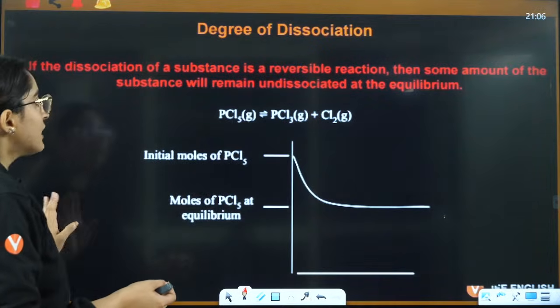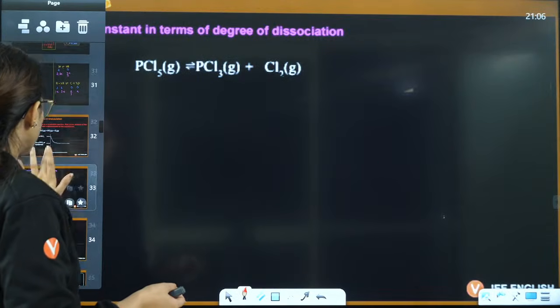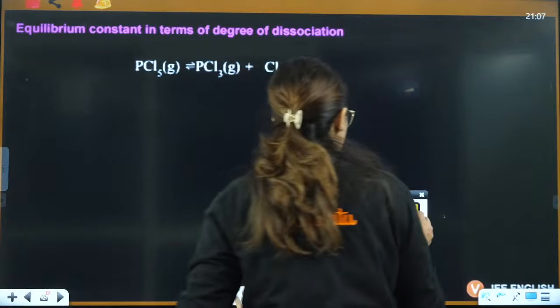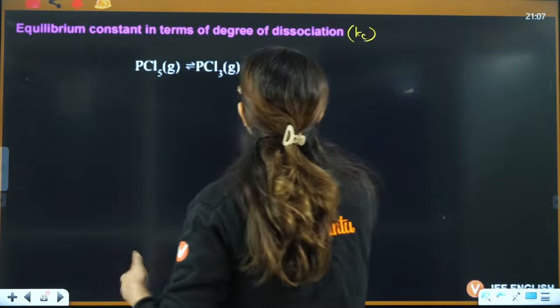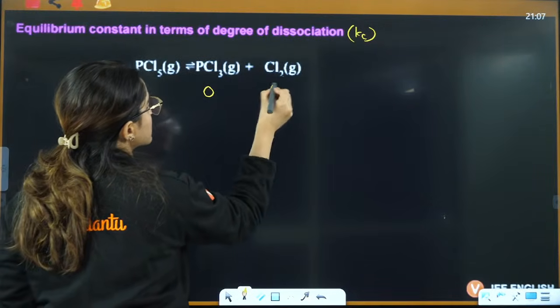Right, everybody? Now, I'll show you some questions on how it is applied. Firstly, we'll simply calculate the value of Kc here. Let's take initial as 1, this is 0, this is 0.